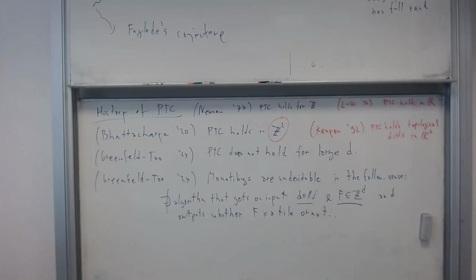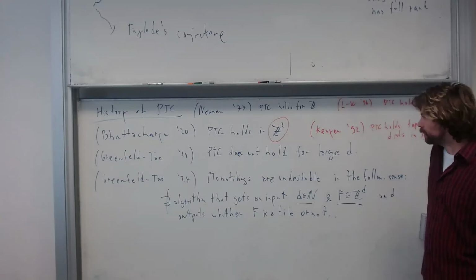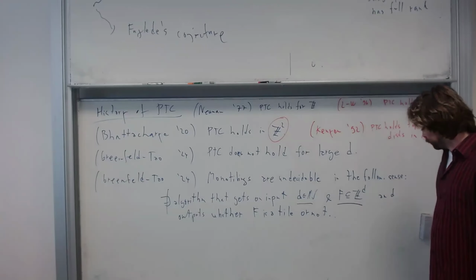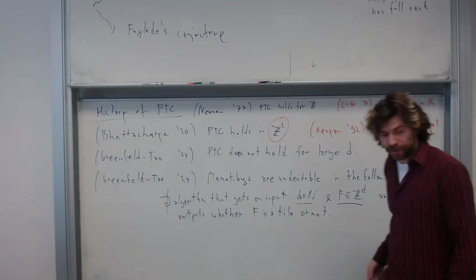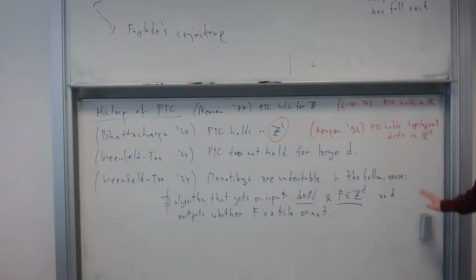And so the main tool in proving positive results will be what I will tell you next, which is the dilation. So, are there any questions about this historical part?